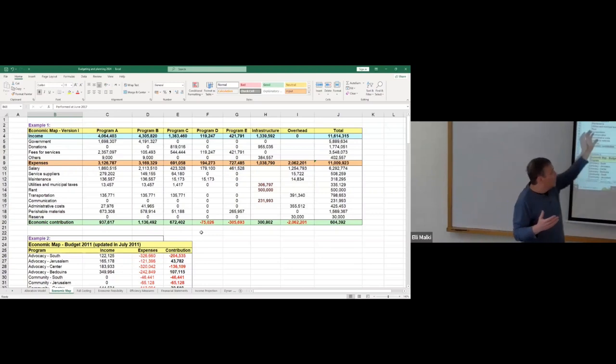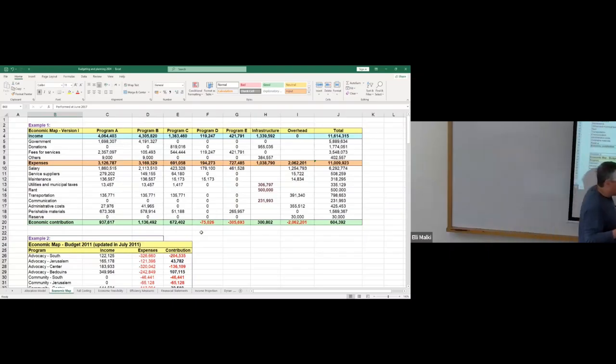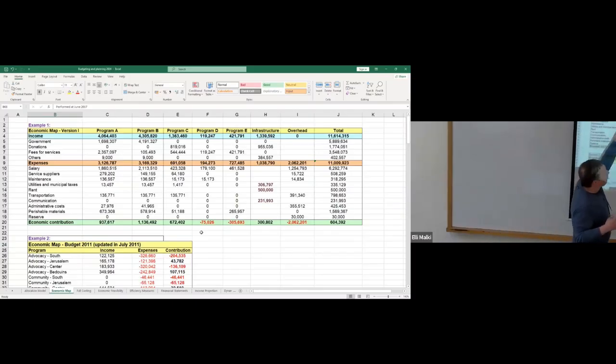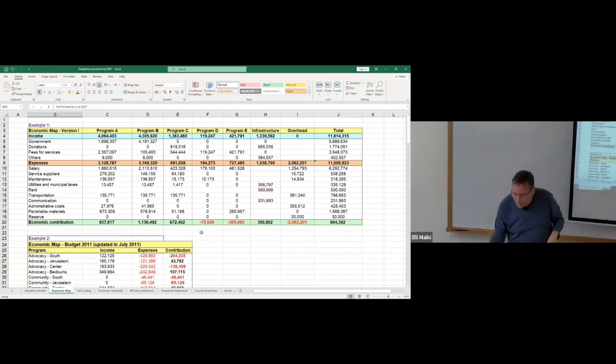If the criteria to include income is only the income that is either directly generated or designated to this program, it means that if this program, let's say program A, is discontinued, this income of 4,064,000 will disappear. We will not receive it. So we will lose this income.